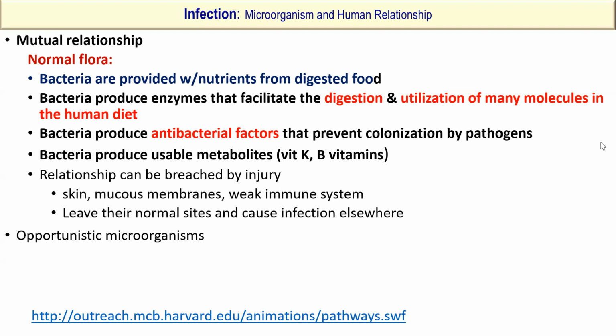Then we have a differentiation between exotoxins and endotoxins. Exotoxins are proteins released by the bacteria into surrounding tissue that have the ability to inactivate or kill the host cells.